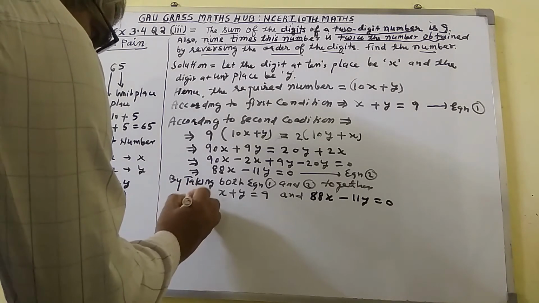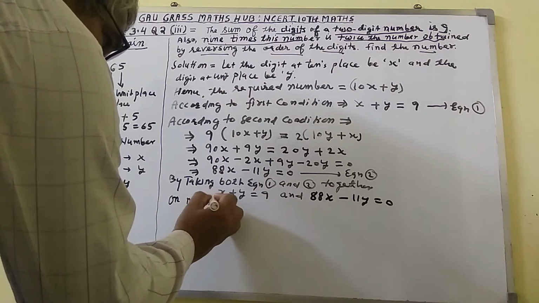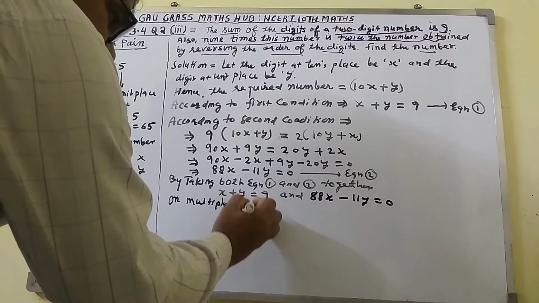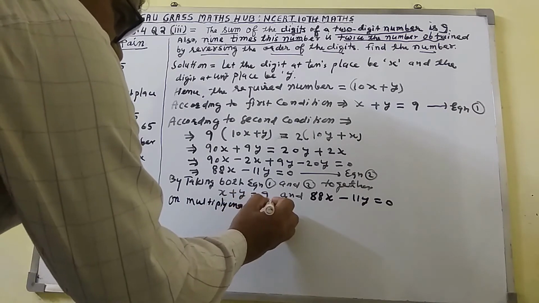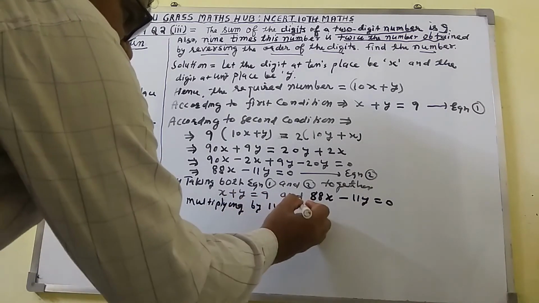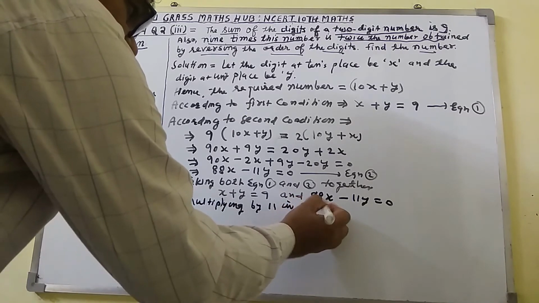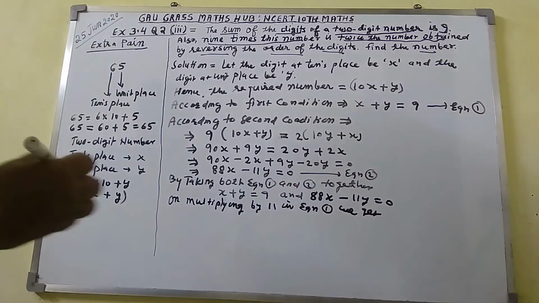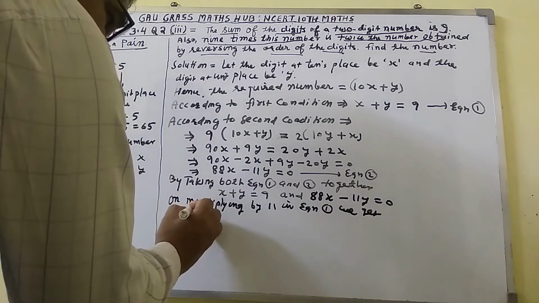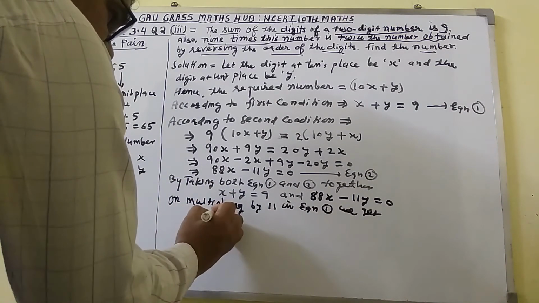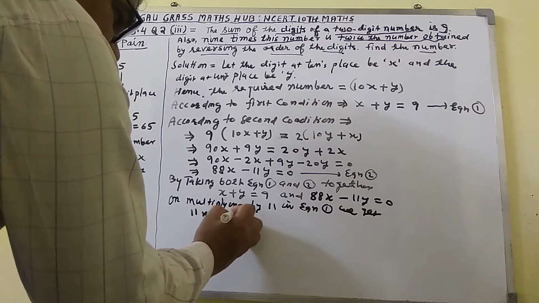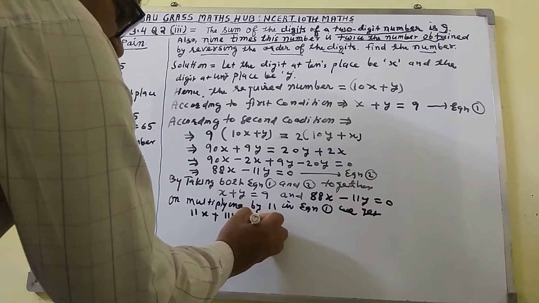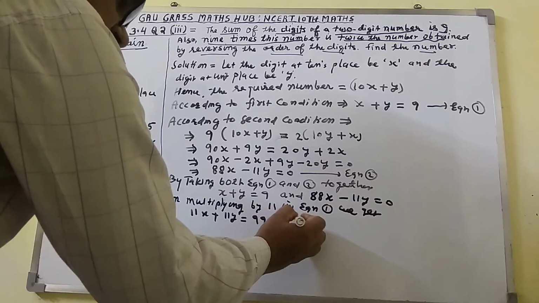On multiplying by 11 in equation 1, we get 11x plus 11y equal to 99. This will become equation number 3.